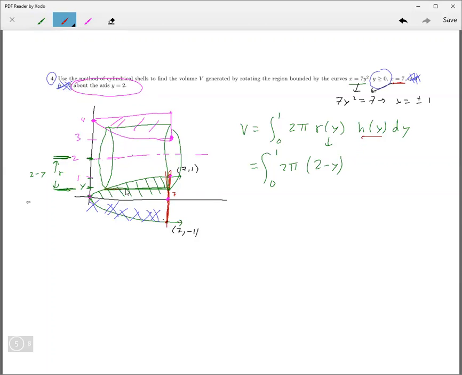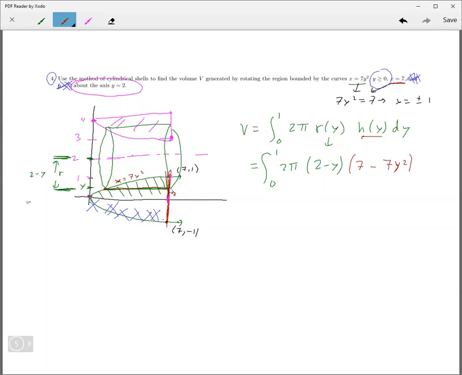Now our height is going to be this distance here. So that's going to be our right point, which is at 7, minus our left point, which is 7y squared. This curve is x equals 7y squared, so that's our x value.